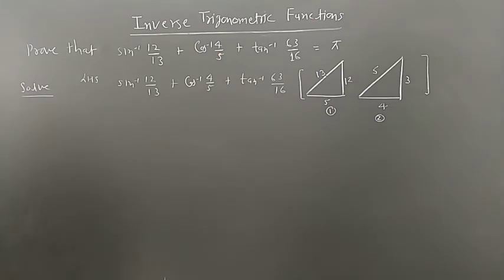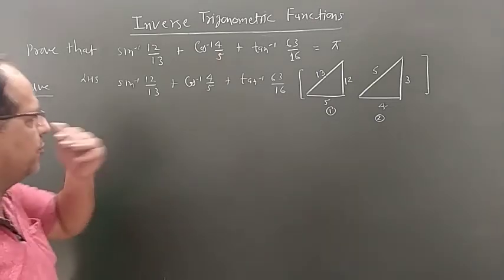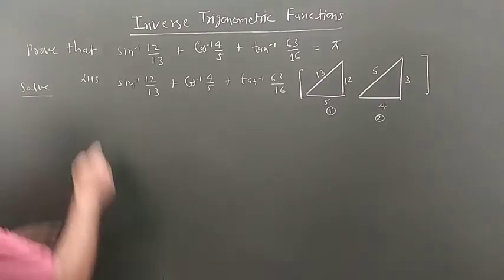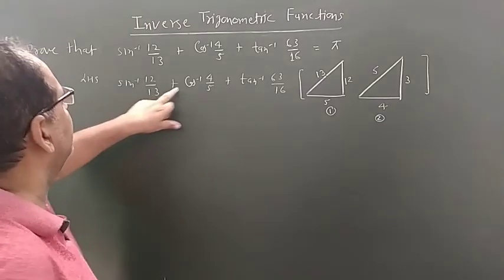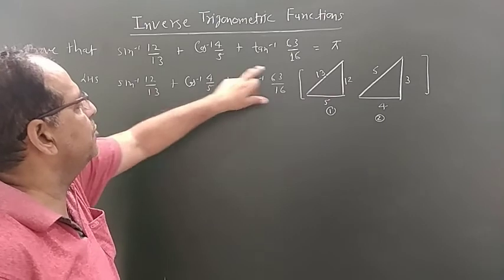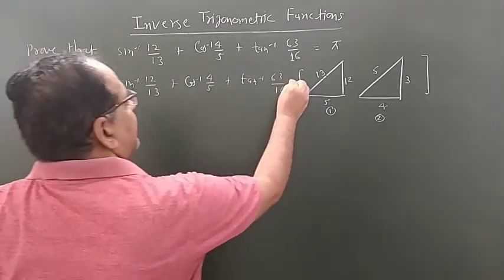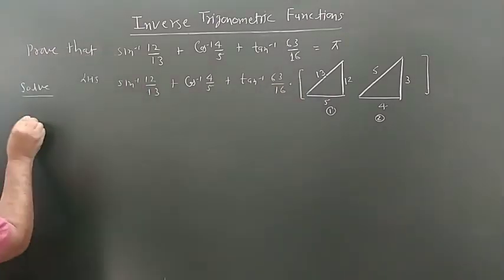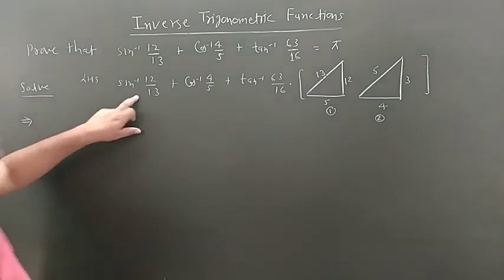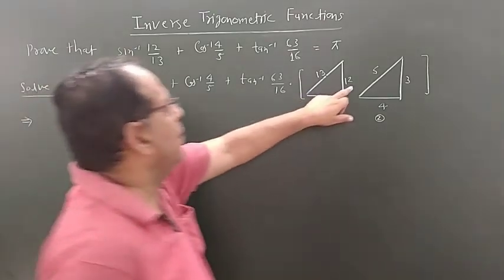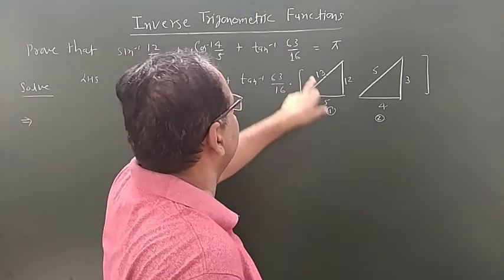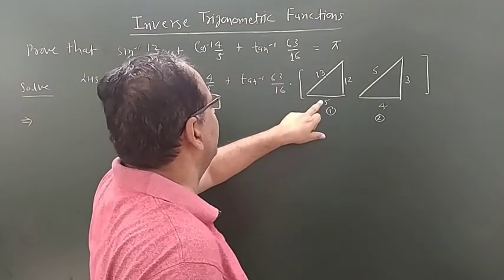Now I am using one more alternative method for this question. We start with the left hand side: sin inverse 12 upon 13 plus cos inverse 4 upon 5 plus tan inverse 63 upon 16. The first term is sin inverse 12 upon 13: 12 upon 13 is perpendicular upon hypotenuse, and by using the Pythagoras theorem we have the base 5.